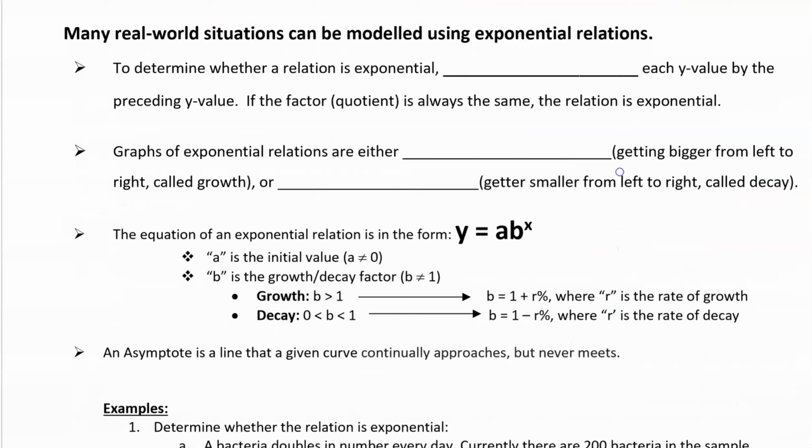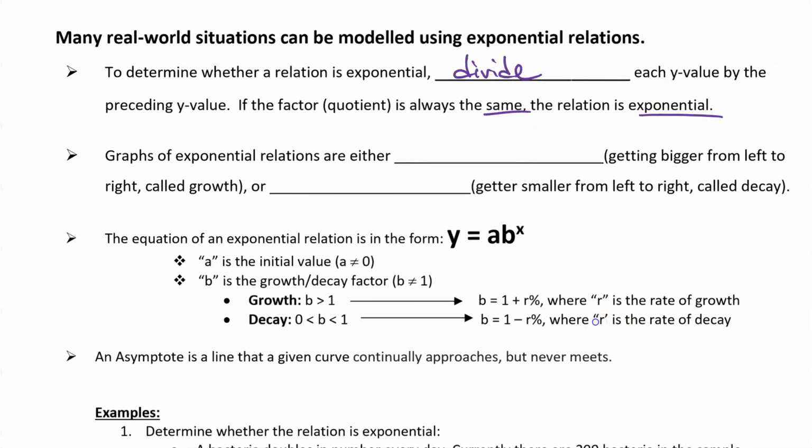All right. It says, many real-world situations can be modeled using exponential relations. To determine whether a relation is exponential, you got to divide each y value by the preceding y value. Okay, if the factor or the quotient is the same, then we know it's exponential.